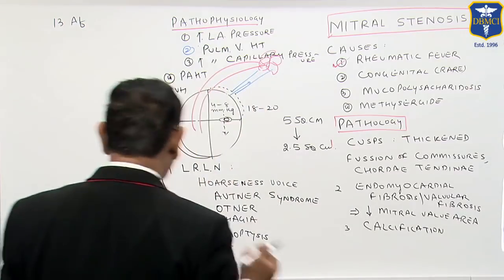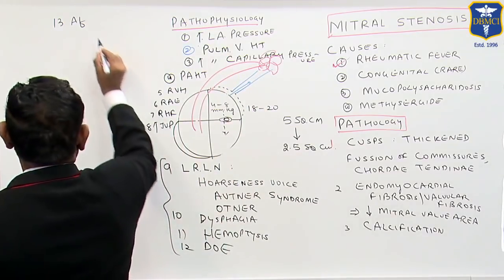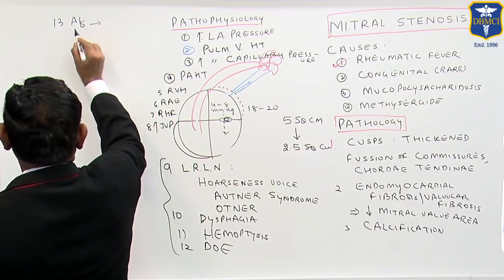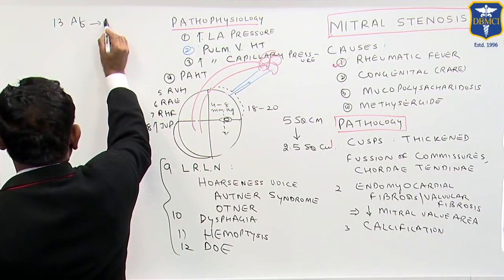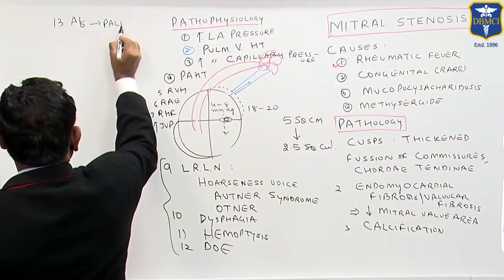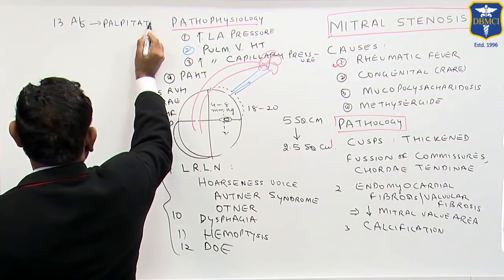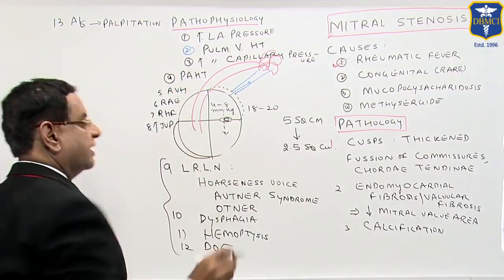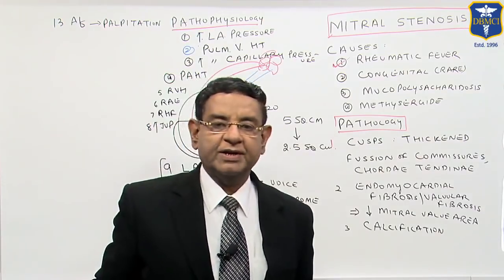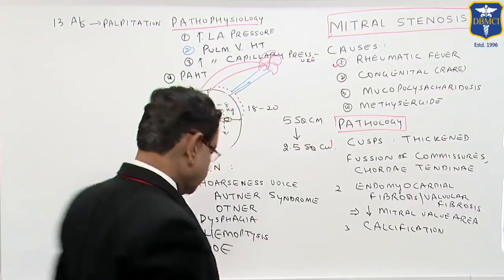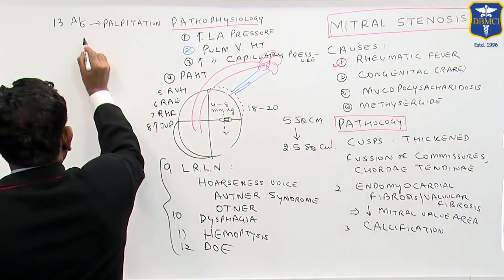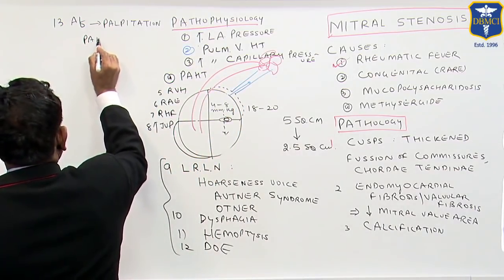That's why the most common presenting symptom of AF is palpitation. Palpitation occurs due to rapid ventricular rate, and due to the same reason the patient also develops chest pain.